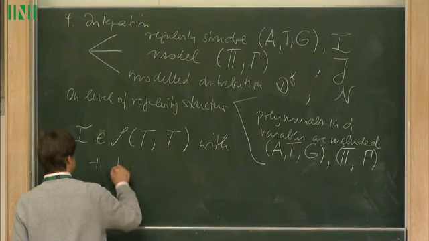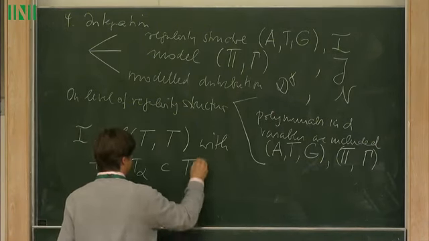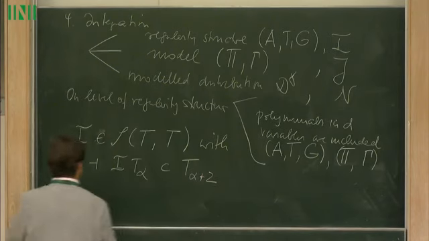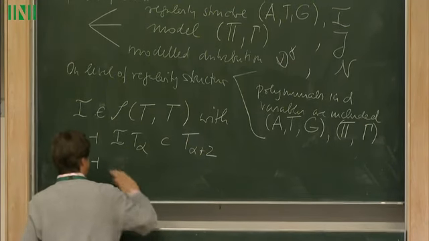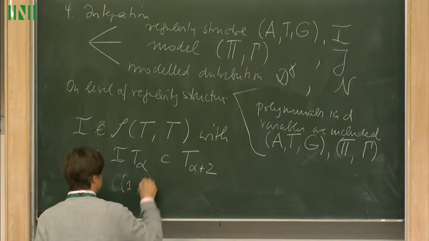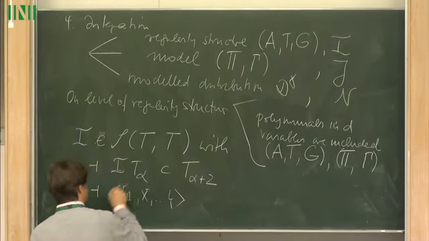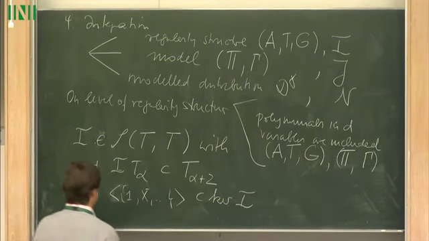So it should increase the homogeneity by 2. It should vanish on the polynomials. So this should be included in the kernel of I.